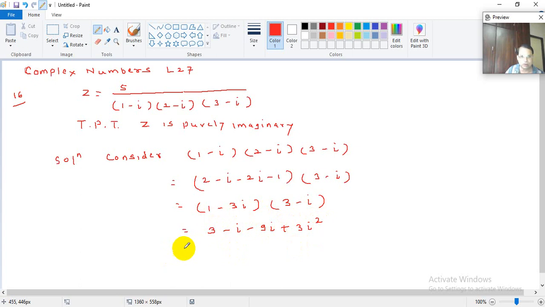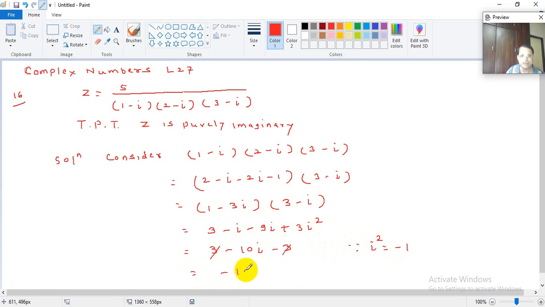Okay, so now this is 3 minus 10i minus i minus 9i. i squared being minus 1, this is nothing but minus 3. So now 3 and minus 3 get cancelled.